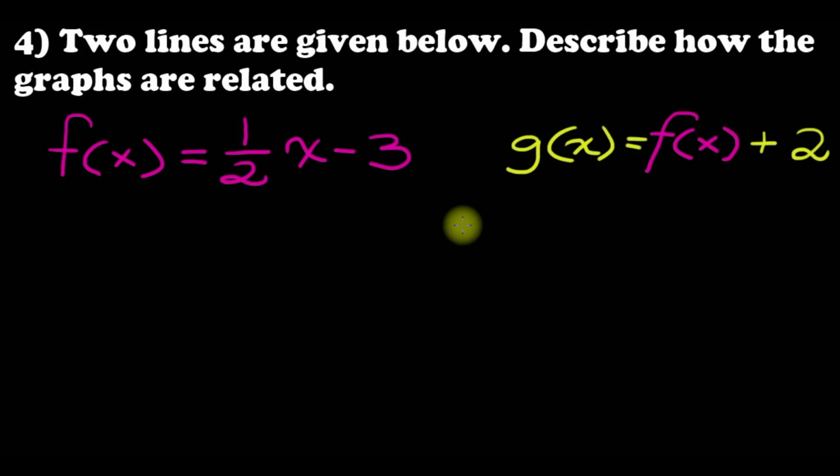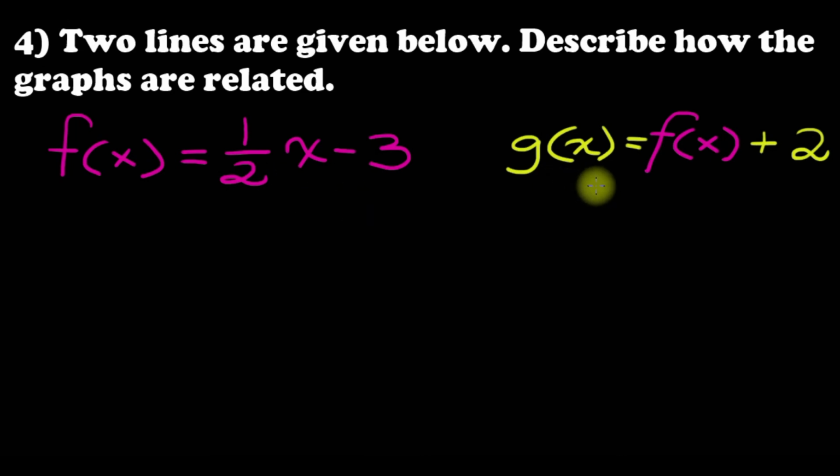Okay, let's take a look at another transformation. So this time we have two lines given. You're given f of x and g of x. You want to describe how the graphs are related. So your f of x here is 1/2 x minus 3.